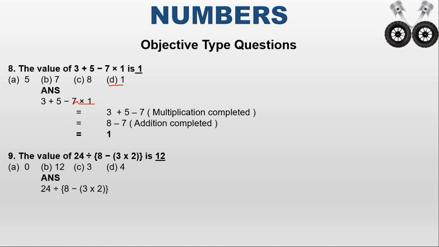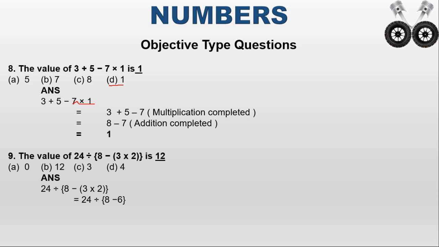Okay, so which should be executed first? The inside of the bracket is executed first. So inside the bracket, what is the operator here? Multiplication. So 3 into 2 is 6. So we have to write the remaining factors as they are. So 24 divided by curly bracket 8 minus 6. Here two operators are presented.